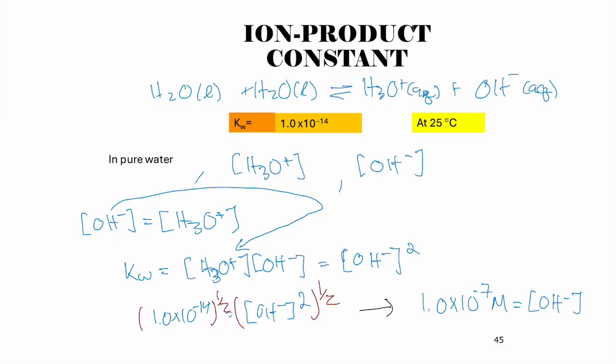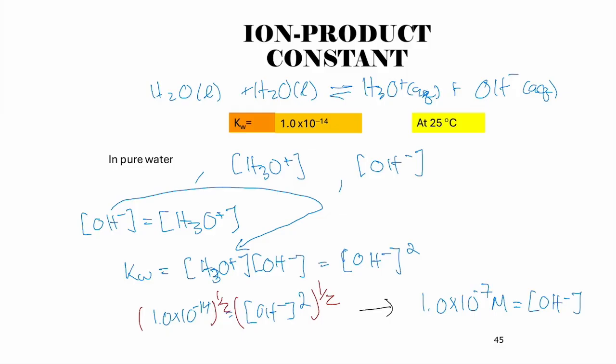So if I have any concentration of OH minus or H3O+ in solution, I can then measure, using the autoionization of water, the concentration of either H3O+ or OH minus.